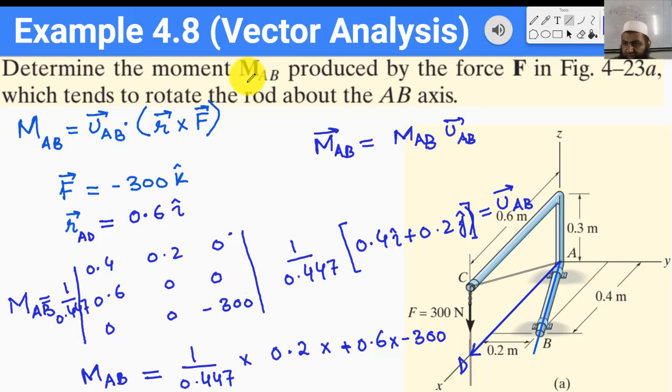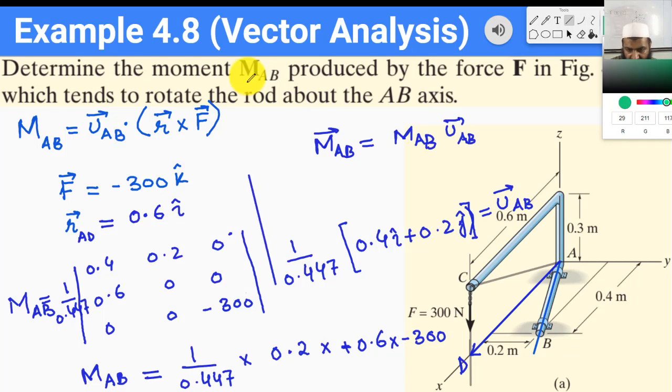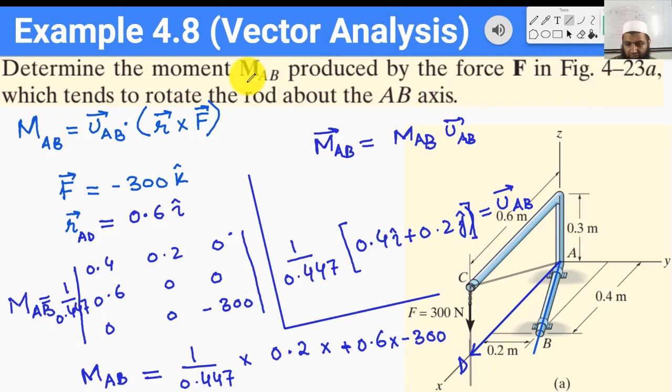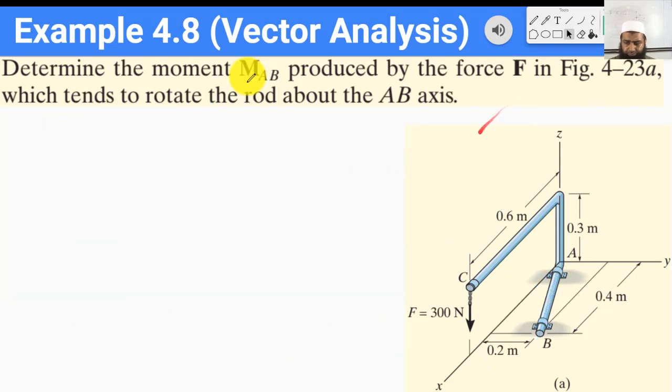Just to separate everything that we have done, we draw a line here and a line here. So this is the value of the unit vector, and this is the moment. I hope the basic concepts are clear, how we use the vector form of the moment along an axis, and how we use the scalar form.